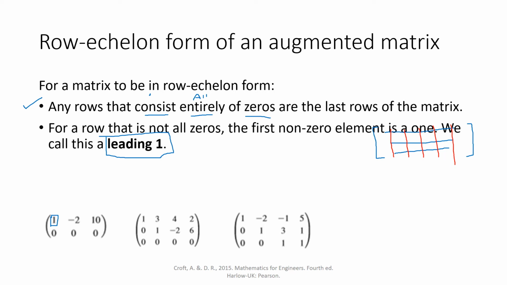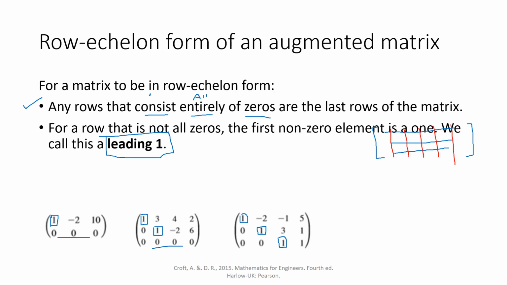So here it is leading one. Of course, leading means the leader. Here we don't have leading one. In this matrix, one is leading one. Second row has got one, first non-zero, from the left actually we count. And the third row doesn't have leading one. In this matrix, leading one is here. The first non-zero element of a row is called leading one.